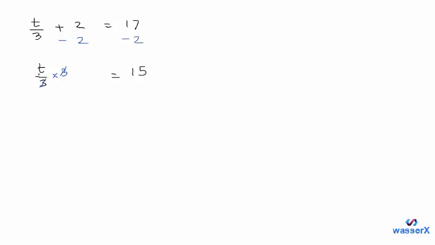So you are left with t times 1, which is the same as t. But if you do that on the left hand side, you should be doing that on the right hand side as well. Therefore, you have t is equal to 15 times 3, which is 45. Again, a quick check. 45 over 3 is 15, plus 2 is 17. So that works. Here's another one.